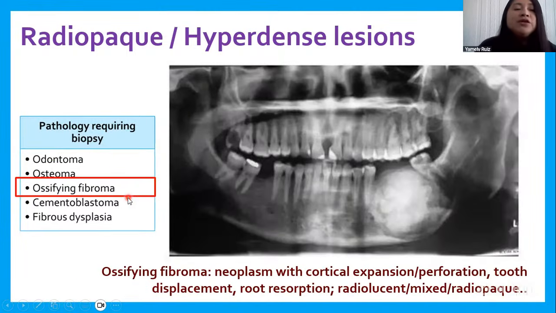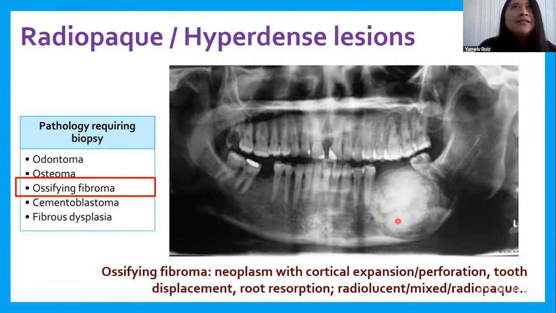The third one is the ossifying fibroma. Ossifying fibroma is a benign neoplasm that may cause cortical expansion, and may even cause cortical perforation. It has an important growth. These lesions become very, very big, huge.